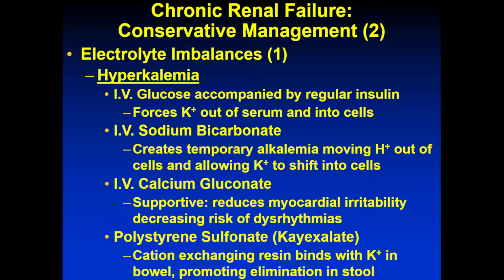We use intravenous sodium bicarbonate, which creates temporary alkalemia, moving hydrogen out of cells and allowing potassium to shift into cells. Then we can use calcium gluconate, which reduces myocardial irritability, decreasing the risk of arrhythmias.